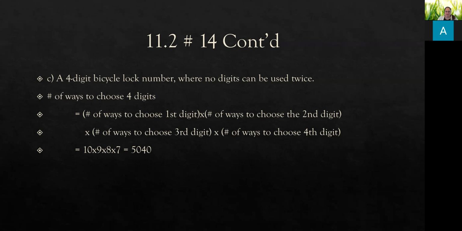And then whatever you used in the first 3 spots, you're not allowed to use in the fourth spot. So there's only 7 different digits you could use for the fourth spot. And then I just used my calculator and multiplied 10 times 9 times 8 times 7, and that gave me 5,040. So that's the number of ways to choose the 4-digit lock number.